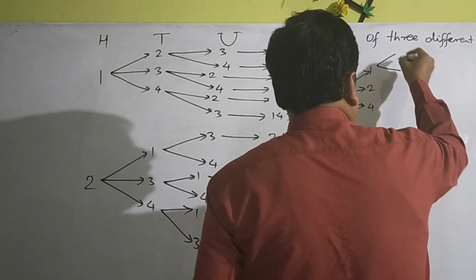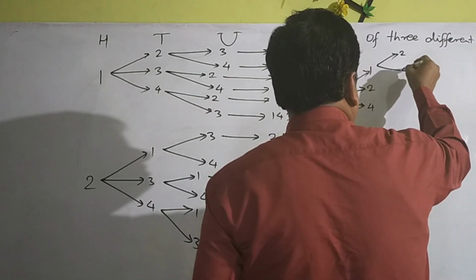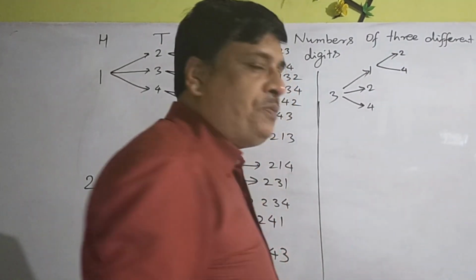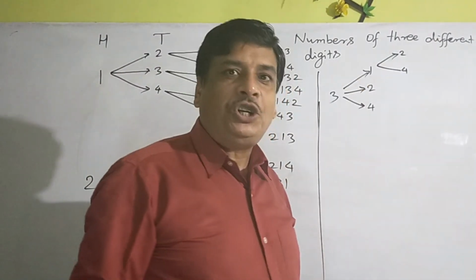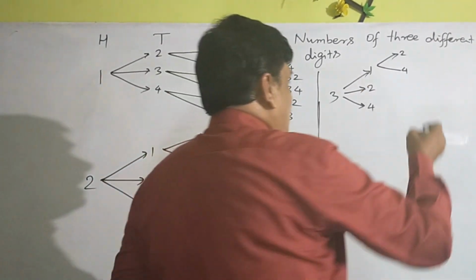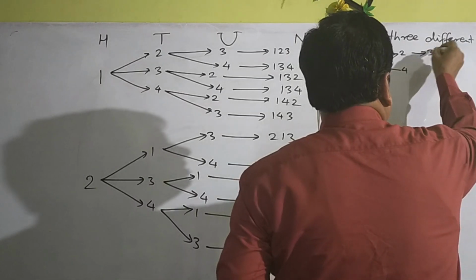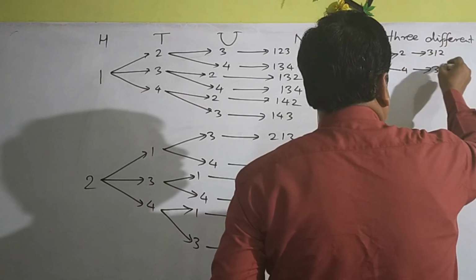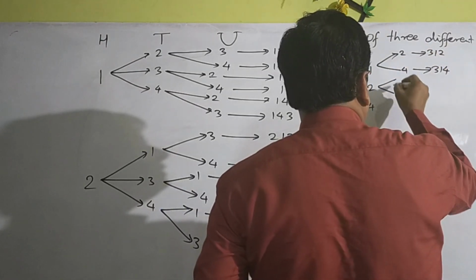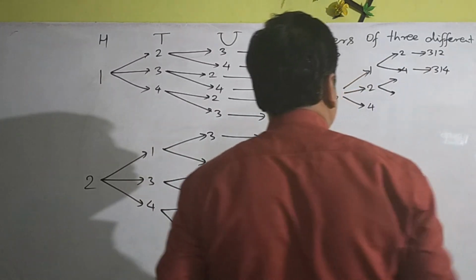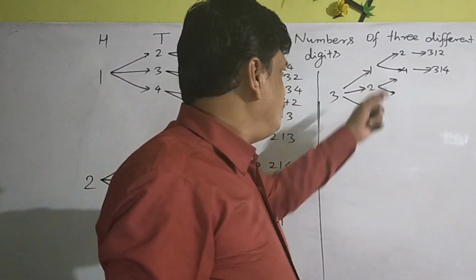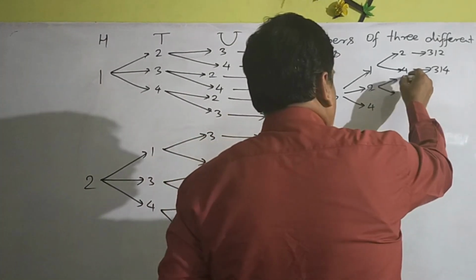When at tens place we take the number 1, the units place can be filled up by the digit 2 or 4. As a result, the number becomes 312, 314. While taking at tens place 2, the unit place can be filled up by 1, 4.